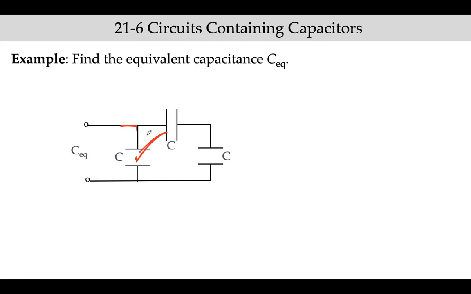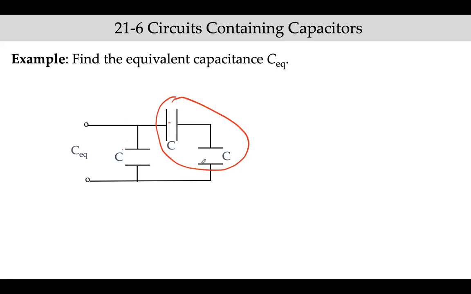They're not parallel because there's another one connected to this one. They're not connected directly. Also, this one and this one, they are not parallel because there's another C that interrupts the wire. So I cannot start with this one. So I have to start with these two.